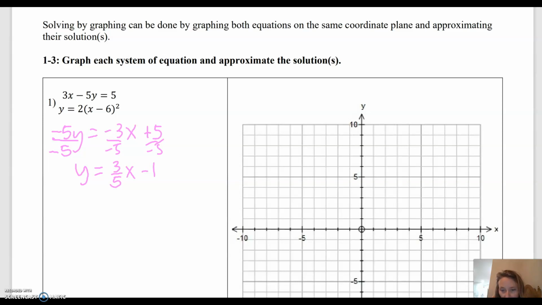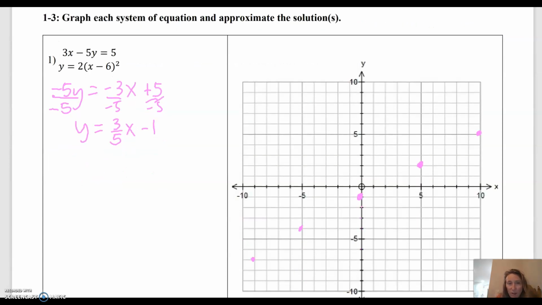So I start at negative 1, I count up 3 and over 5, up 3 again and over 5. And then I'm trying to get as many specific ordered pairs as possible. And so I'm going to go down 1, 2, 3 and over 5, and down 1, 2, 3 and over 5 again. And let me scroll down so you can see that.